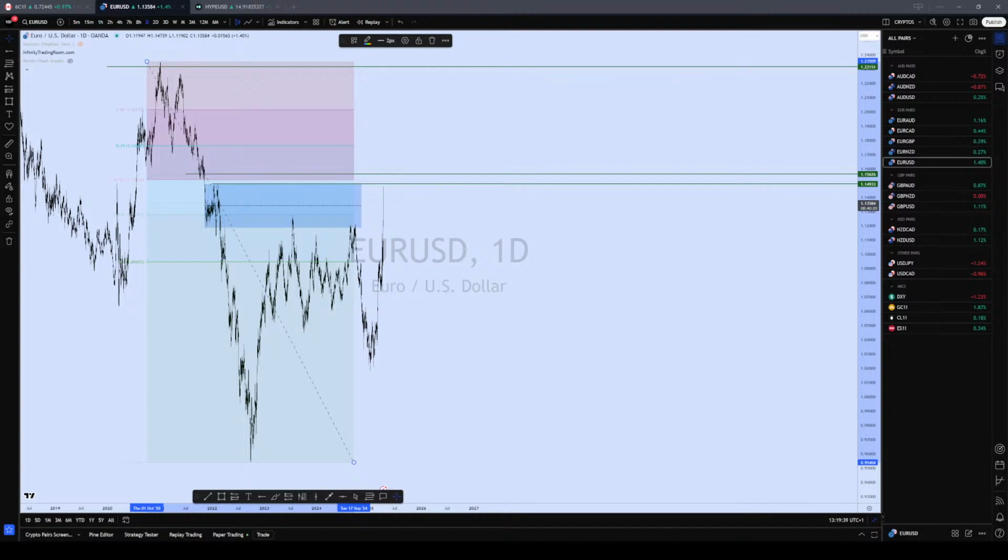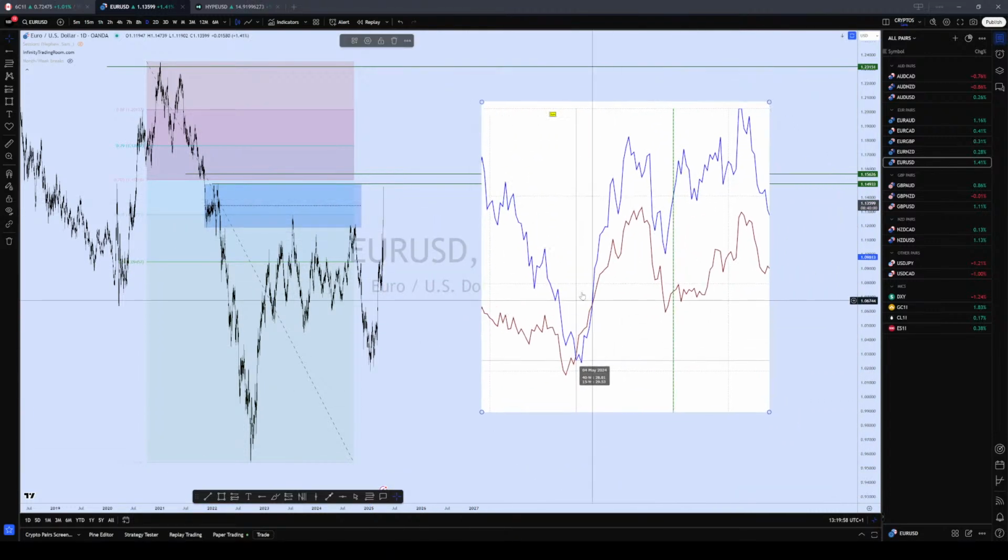Okay, so let me take a screenshot. All right, so here is the dollar index, and this is May.